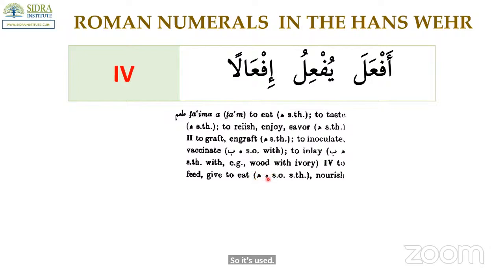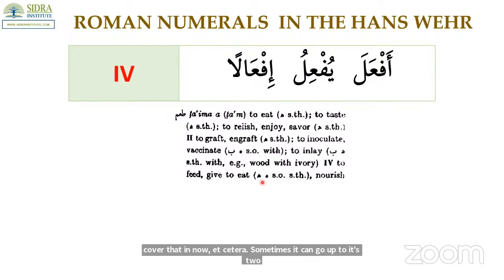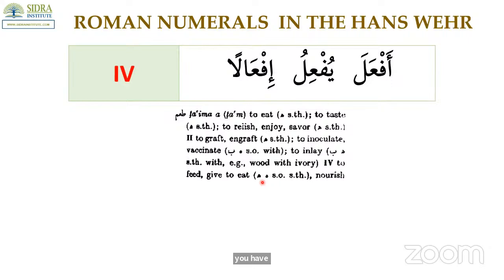So whenever you see like a 2 has together, most probably that verb is transitive to two maf'uls. So certain verbs in Arabic we see that they require 2 maf'uls. Af'al al-qulub, obviously you cover that in Nahu, etc. Sometimes it can go up to 3, and you have those verbs which, given the meaning of informing, they can even go up to 3 as well.